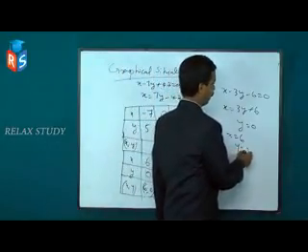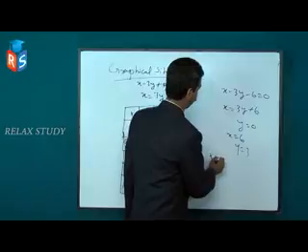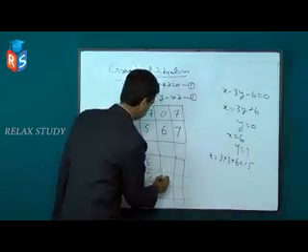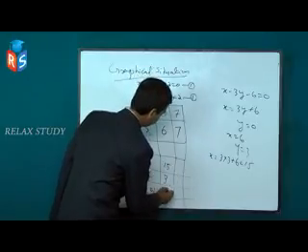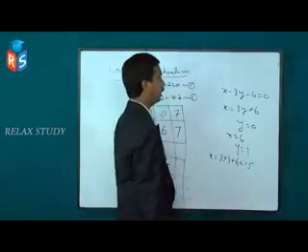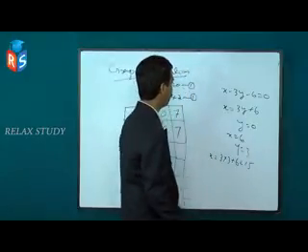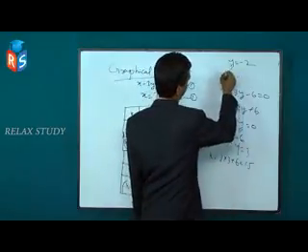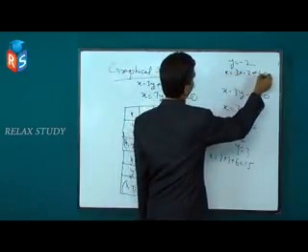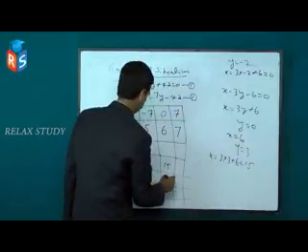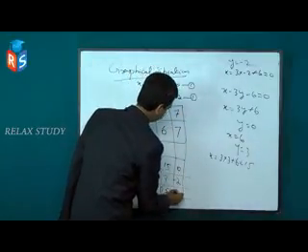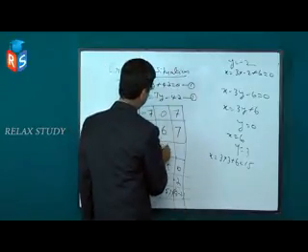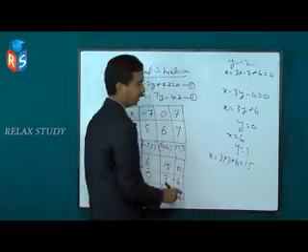Next, when y equals 3, we get x equals 3 into 3 plus 6 equals 15. So 15, 3. Then I can take y equals minus 2, then x equals 3 into minus 2 plus 6 equals 0. So 0, minus 2. For the first table, the points are minus 7, 5; 0, 6; 7, 7.